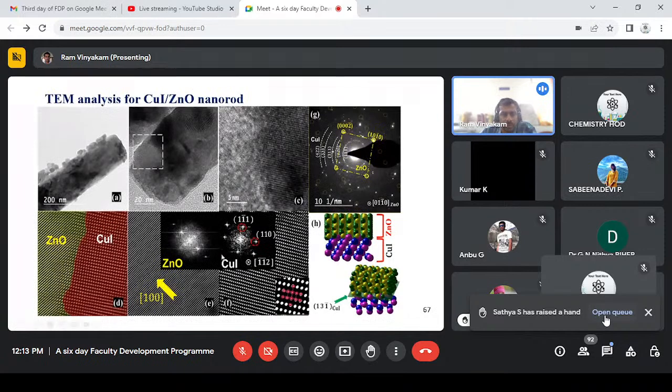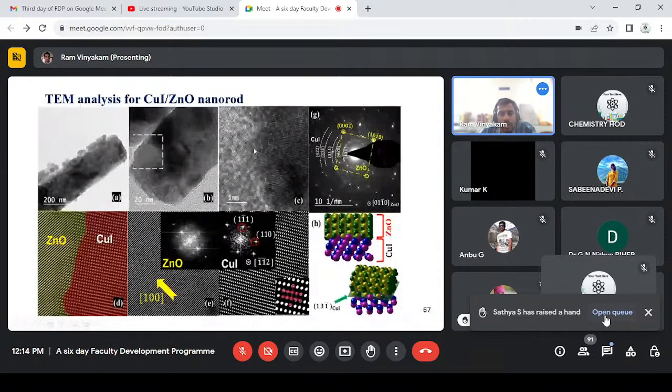This is the TEM micrograph for you. And whenever we say heterojunction, it should be attached properly. We had an issue initially when the copper iodide was coated above, like I showed here. It was not attached uniformly throughout, and did not form a proper structure. It is attached here and there.